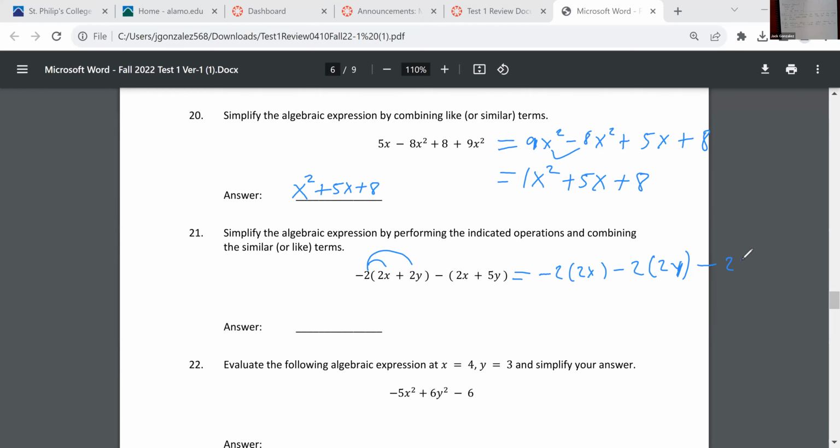Minus. Minus. Okay, -2 times 2x. -2 times 2y is -4y. Find like terms.